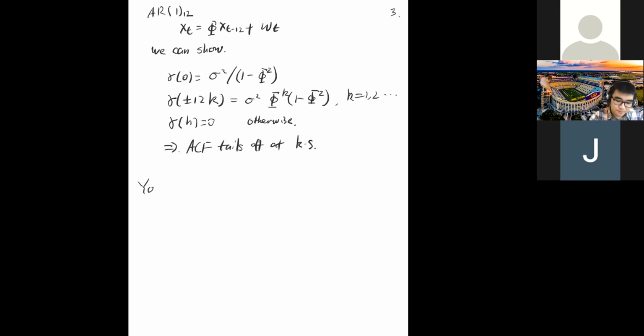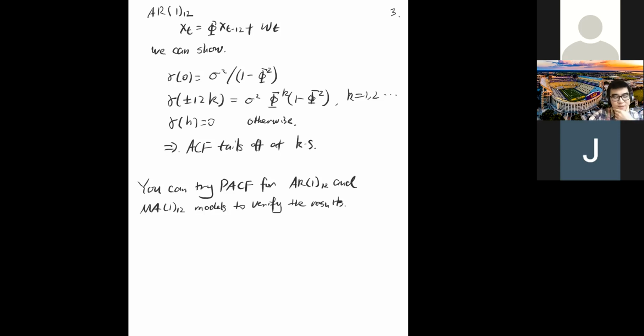And you can try the PACF for AR(1)_12 and MA(1)_12 models to verify the results.